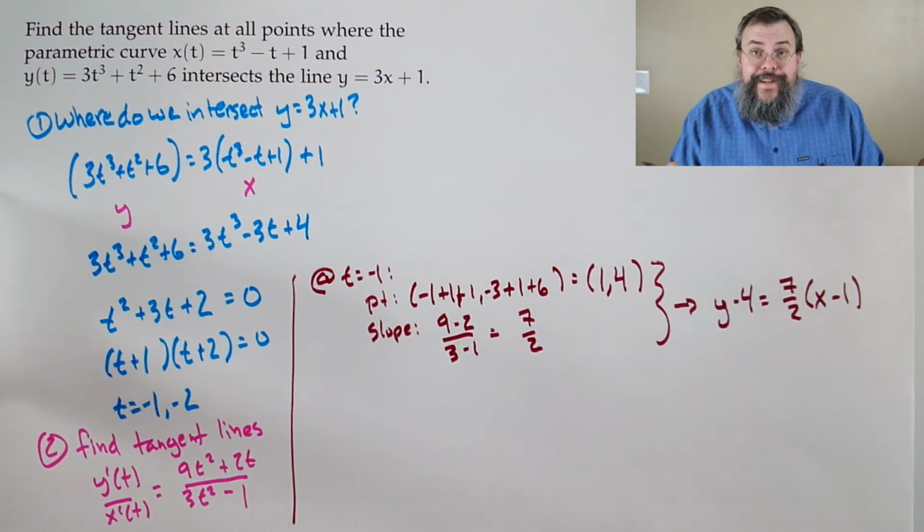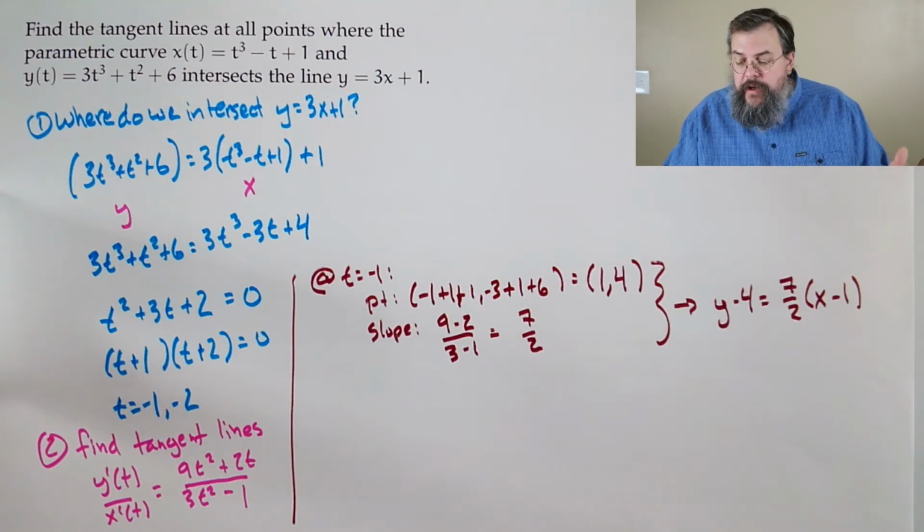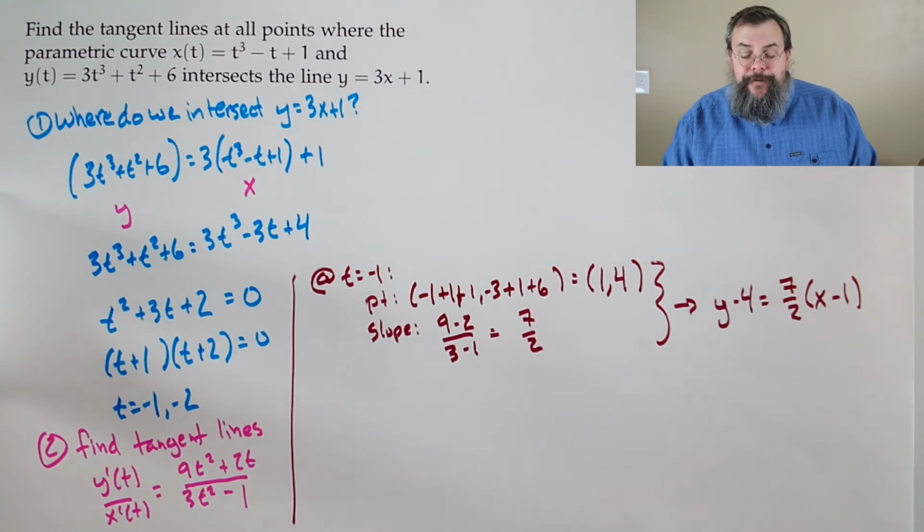Okay, and that's that one. That's perfectly fine. That is a line, and we're just asked to find lines. If we wanted to, we could expand and rearrange, but if we're asked to find lines and not told any more specific instructions, that's good enough.